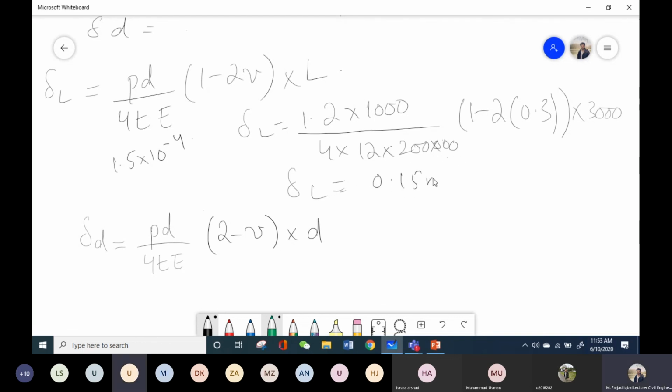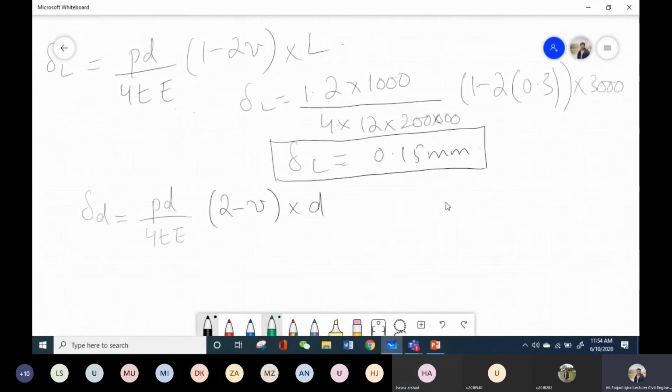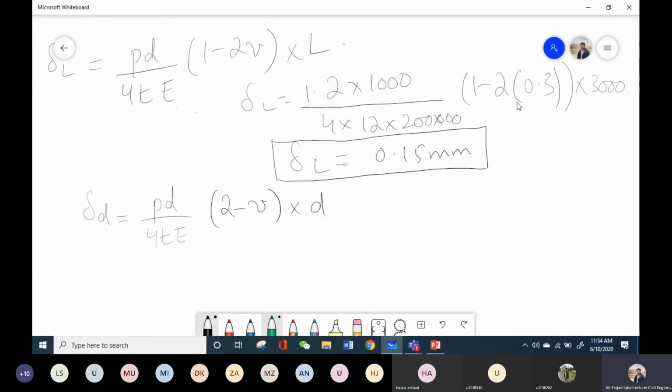I just recalculated. Yes, it should be 0.15 millimeters, because E is given in the units of gigapascal, and we have to convert it into megapascal to be consistent. Sir, I was answering in meters, 1.5 into 10 to the power minus 4. Oh, okay, that's fine. So in millimeters, the answer is 0.15 using all these factors.